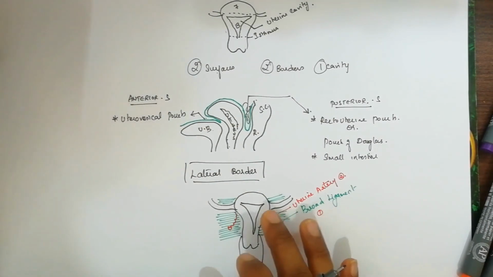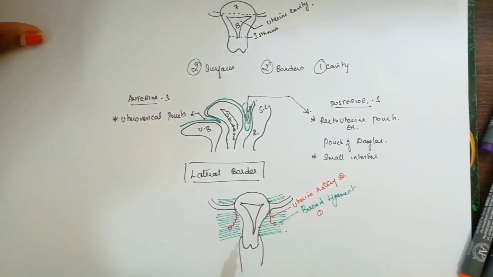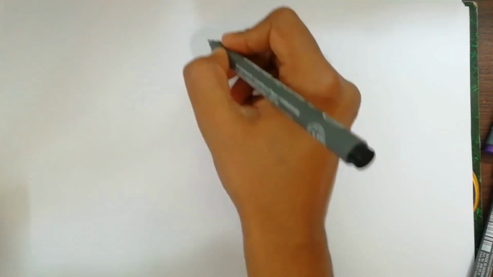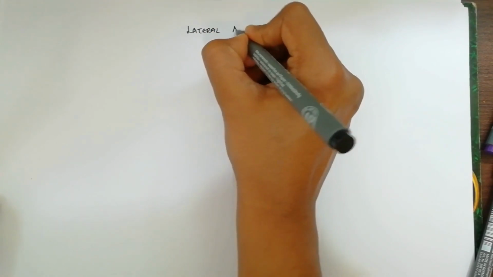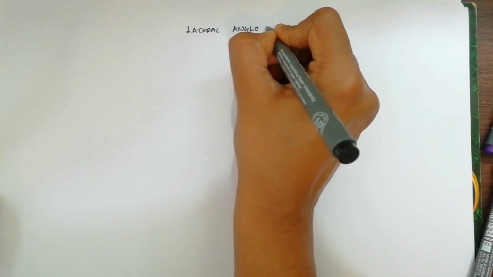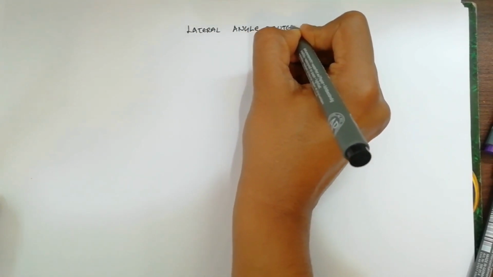Now we will move on to the lateral angle between the fundus and body. We have our lateral angle of the uterus placed, and about that we are going to deal now. Lateral angle of uterus.